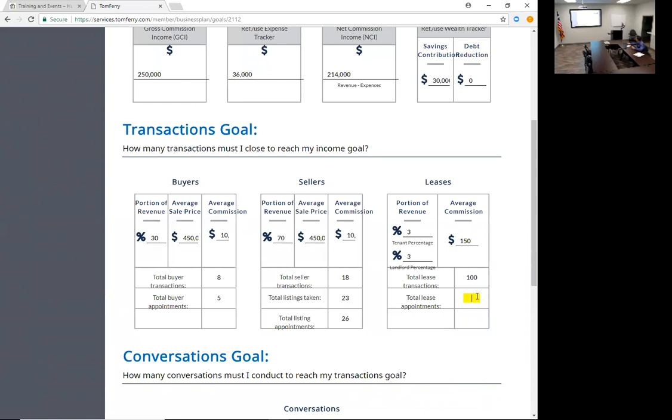So total lease appointments. With lease appointments, again, I don't see that. I think the services that we offer in general are very competitive, and for what's going on in the market, we should be able to have a high conversion rate because there's not that many solid property management companies that offer all these online services to their clients and handle all these problems. Do we do the background checks and everything here?